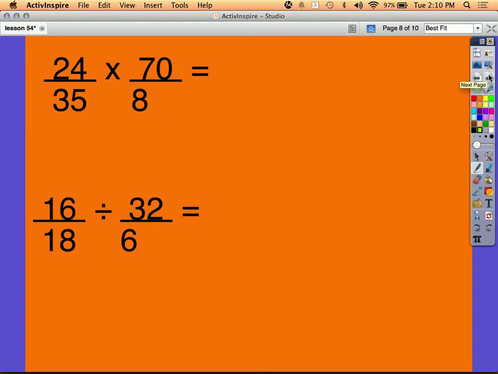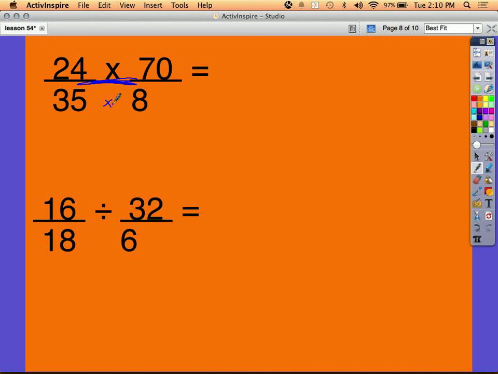Here are some more examples with bigger numbers to help you. I have 24/35 times 70/8. Remember, this is like one big fraction bar. So I have 24 times 70 over 35 times 8. Start with 24.